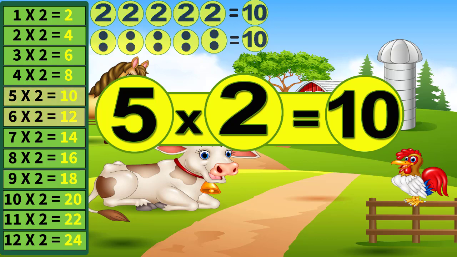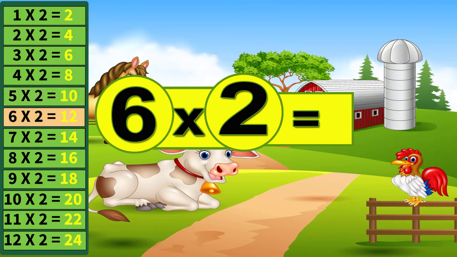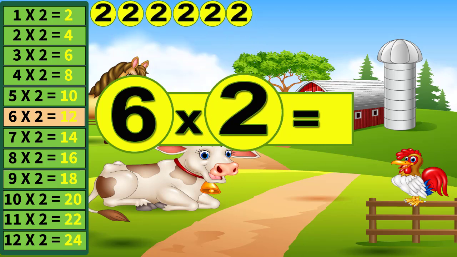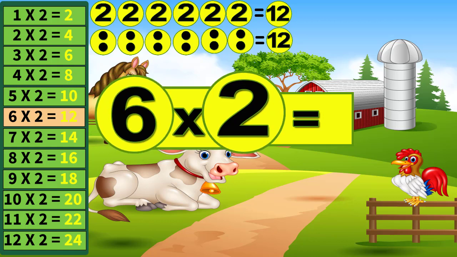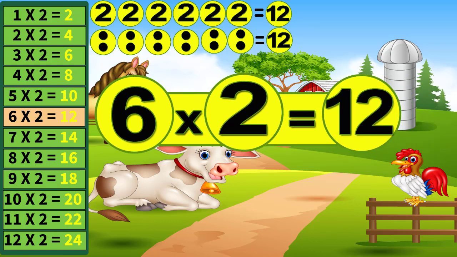Now, we got 6 times 2. Times meaning 6 of. So, 2 and 2 and 2 and 2 and 2 and 2 is 12. So, 6 times 2 equals 12.